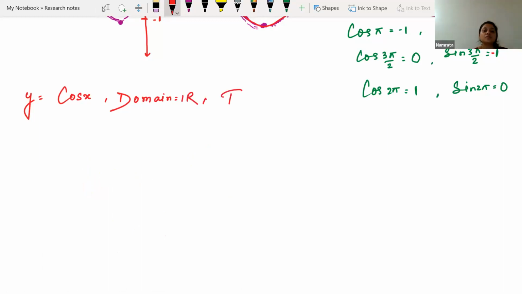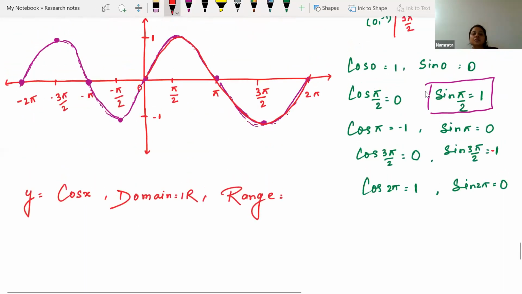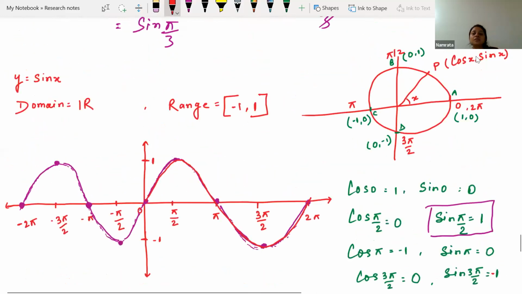What about the range? Range means what is the output. Cos means x value. On the unit circle, cos is representing the x coordinate. If we look at the x axis on the unit circle, we can see the maximum value of x is 1 and the minimum value of x is -1.